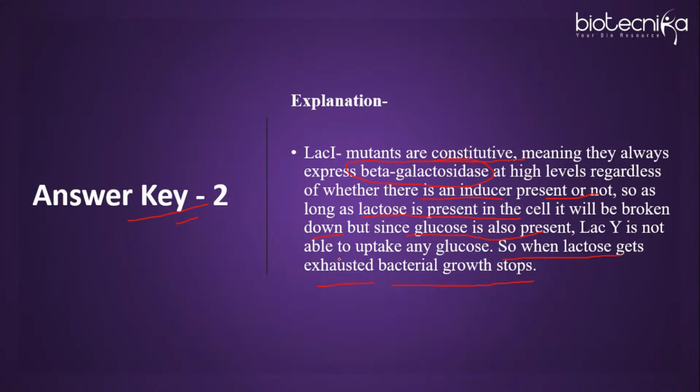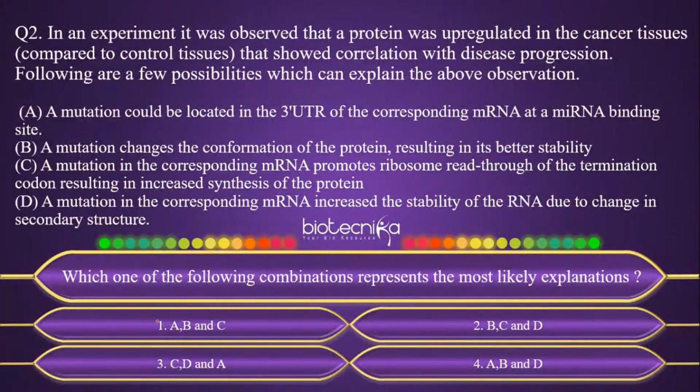Okay. So here is the second question. In an experiment, it was observed that a protein was upregulated in the cancer tissue compared to that of a control tissue. Now that showed correlation with disease progression. Following are a few possibilities that can explain the above observation.